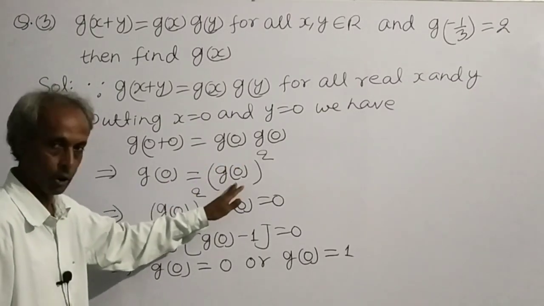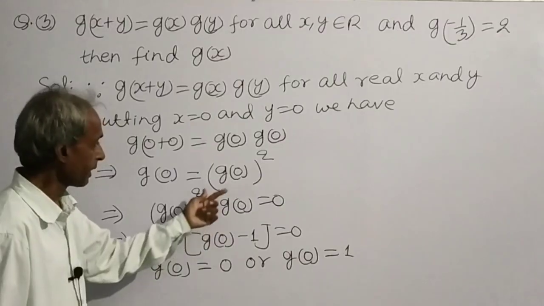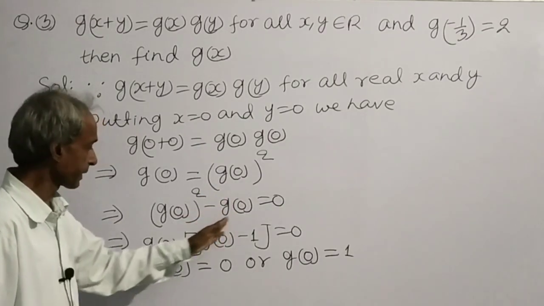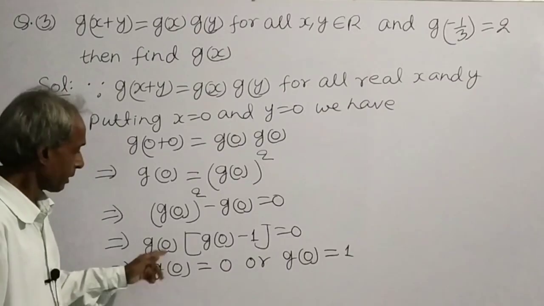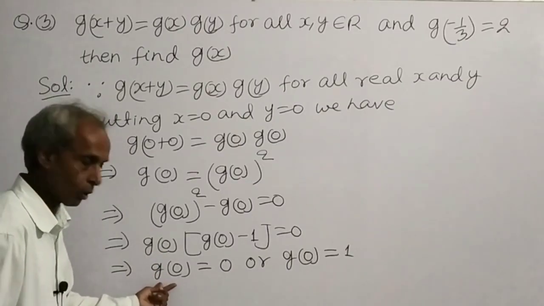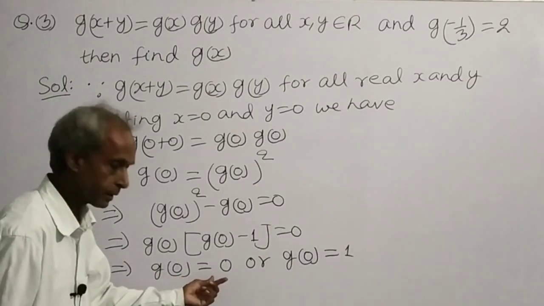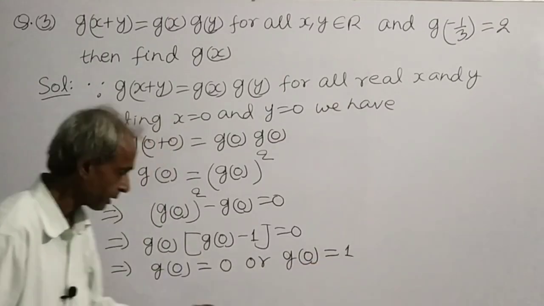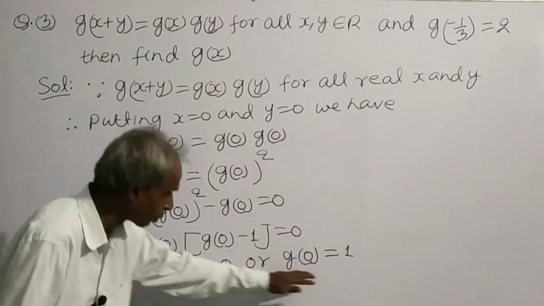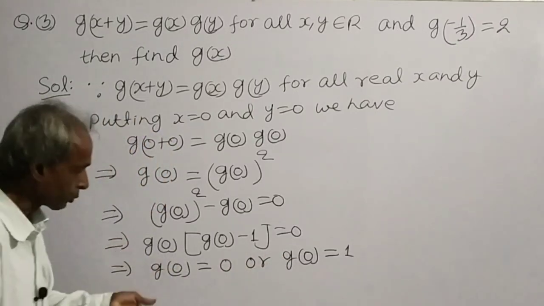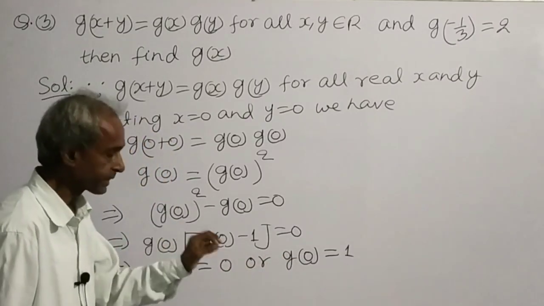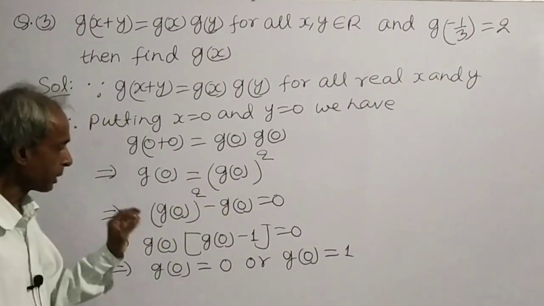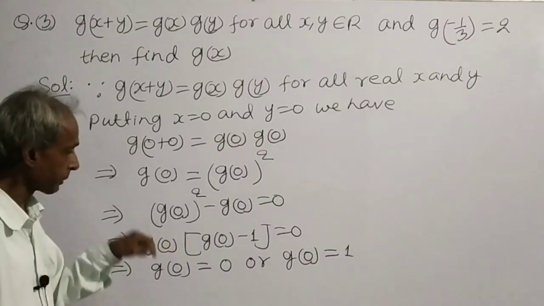Shifting this to the right hand side becomes equal to this. Taking g(0) common, we get two values: g(0) is equal to 0 or g(0) is equal to 1. Out of these two values, which one should be accepted and which one should be rejected, we will have to decide first.